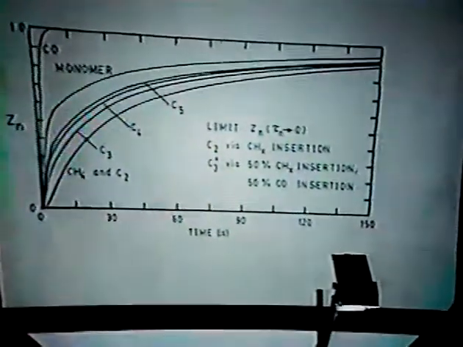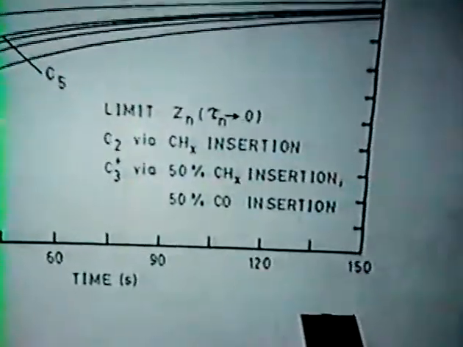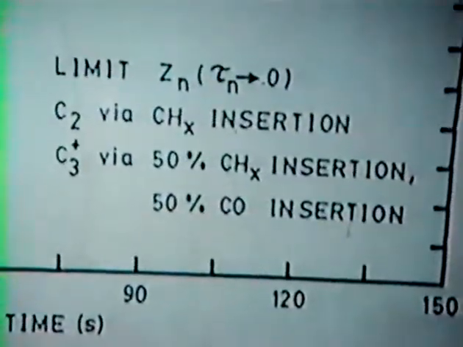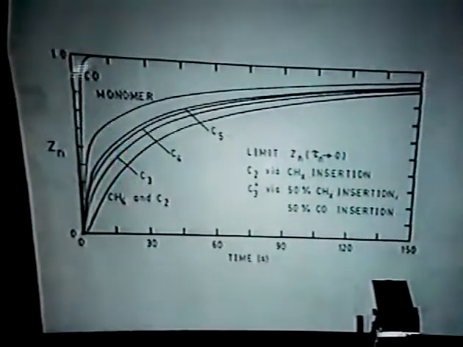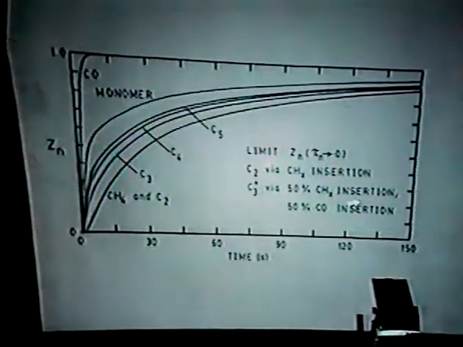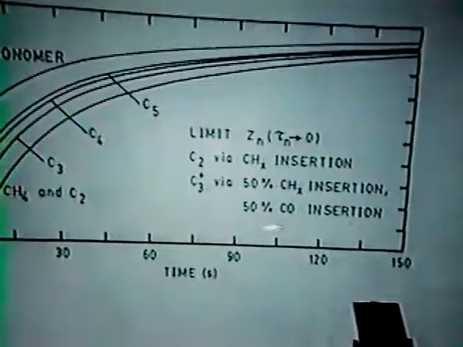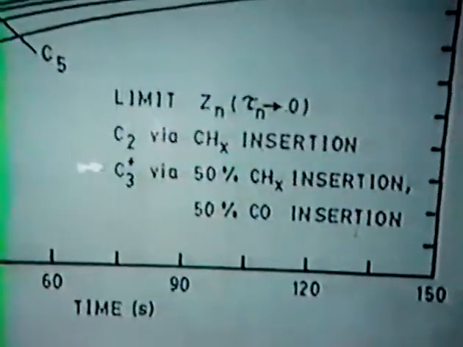Actually, we can say that there's a mixture of the two processes occurring and simulate this. This is just to put in a picture what you can say in words. We can fit the data by assuming there's a monomer which is effectively half made up by CHx insertion, half made up by CO insertion for everything but C1 and C2.